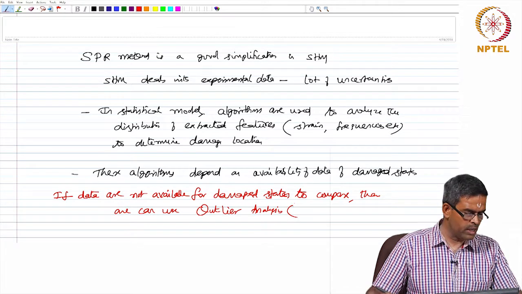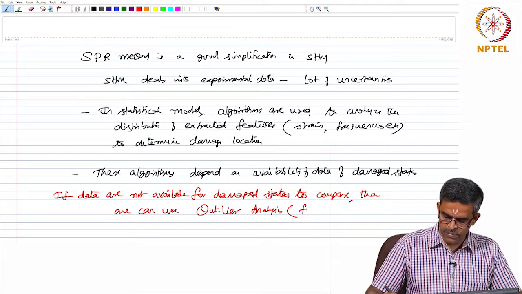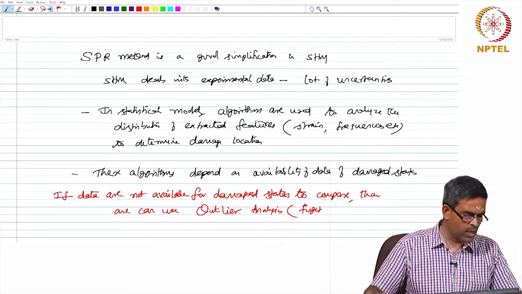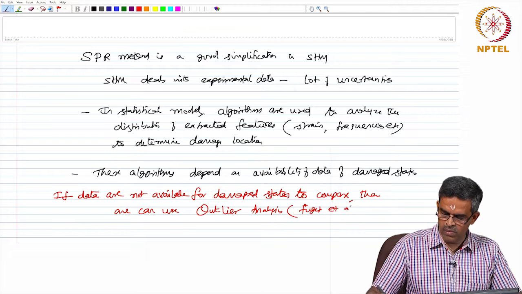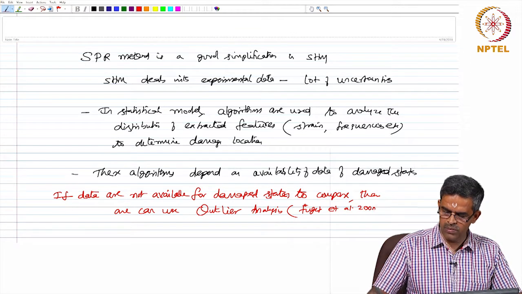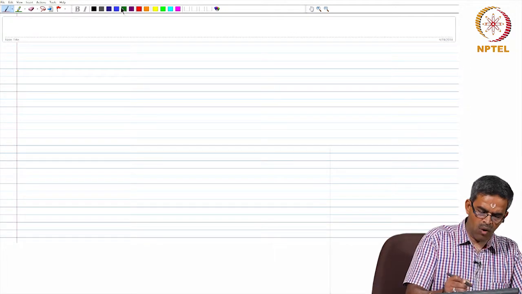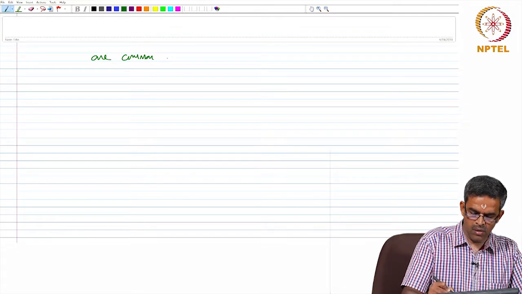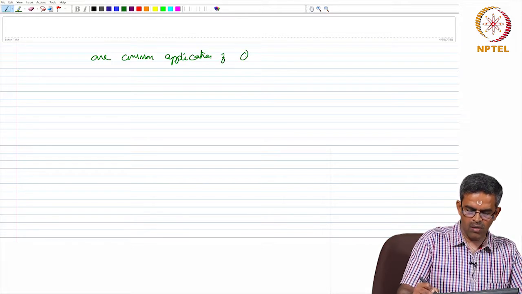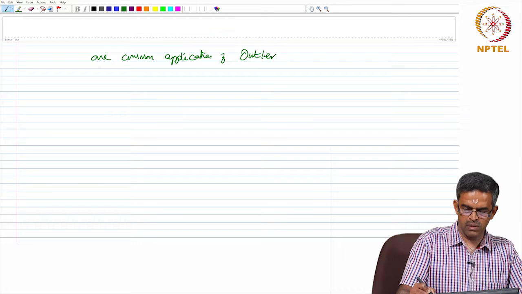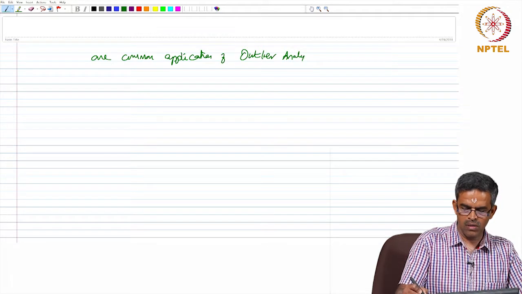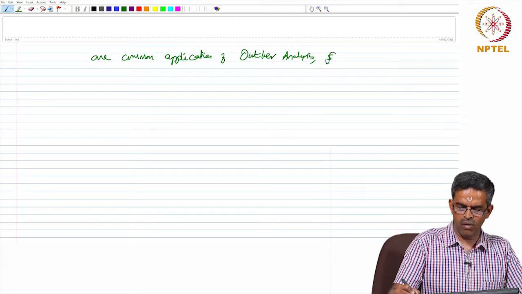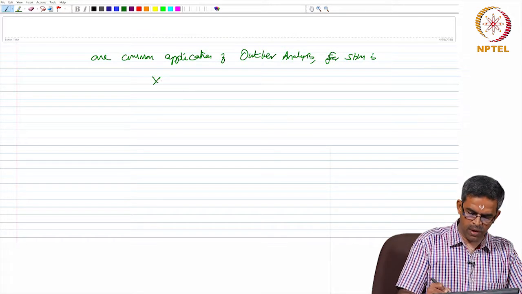You can see more details about this at Fugate et al. 2000. One common application of outlier analysis recommended for structural health monitoring is the X bar control chart.